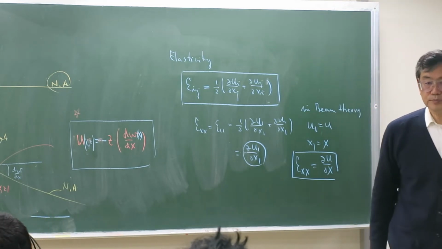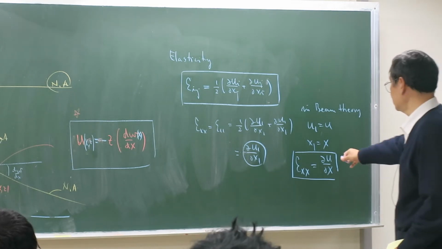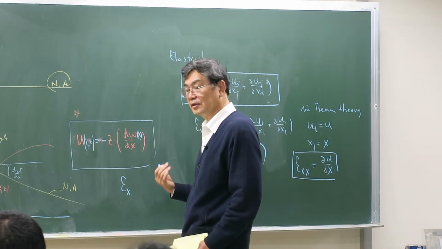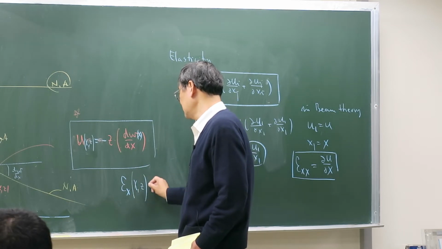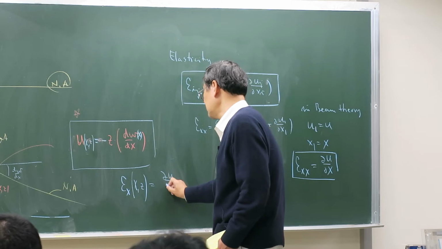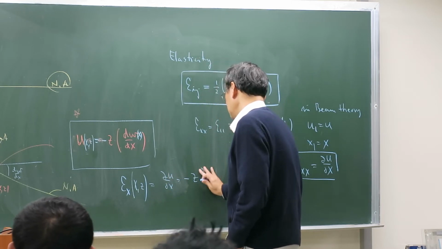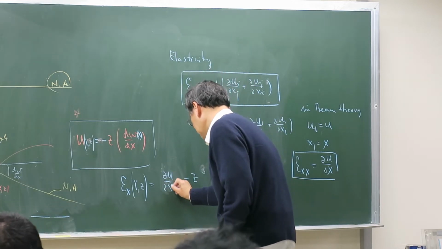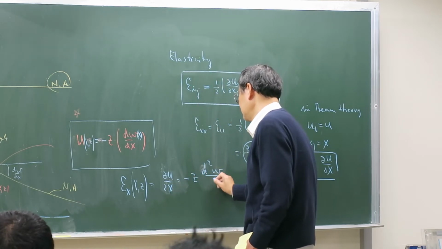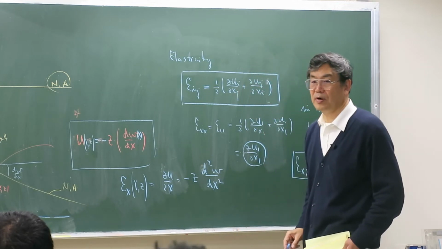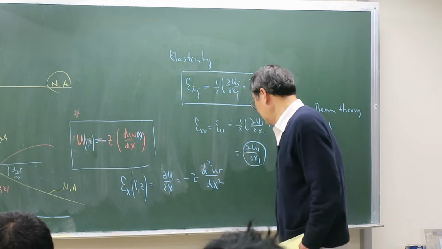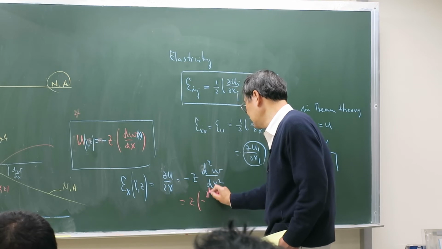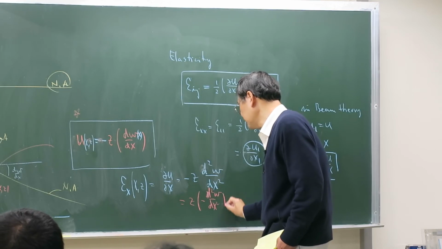So we apply this. The horizontal strain epsilon_x at (x, z) equals partial U partial x, equal to minus z, partial of dw/dx, that is d²w/dx². So this is z times minus d²w/dx².